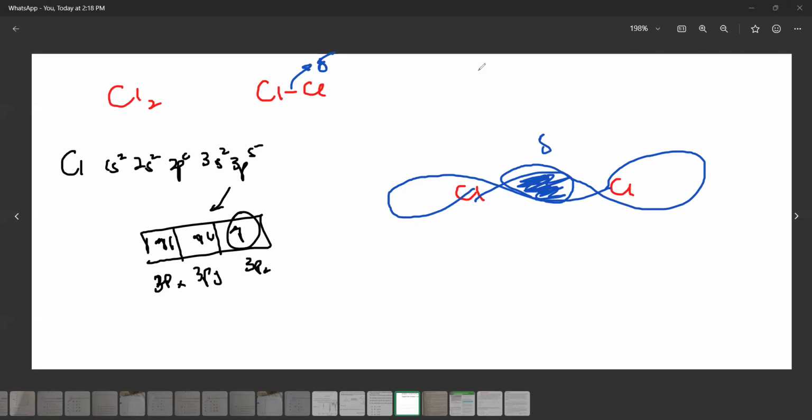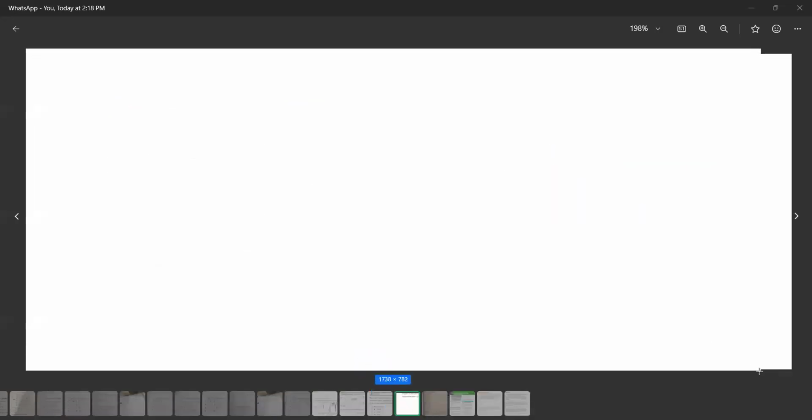But if we have a double bond, like in oxygen, oxygen double bonded with another oxygen. Now, when we write the configuration for oxygen, it is 1s2, 2s2, 2p4, because 8 electrons are there in total.